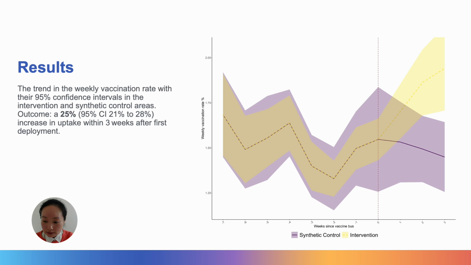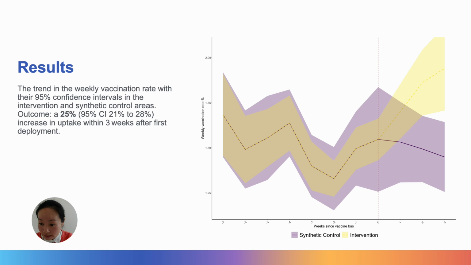the purple solid line represented the synthetic control group we constructed, and the yellow dashed line represented the intervention group, and the slightly lighter yellow and purple color surrounding both lines are the 95% confidence intervals of both groups.